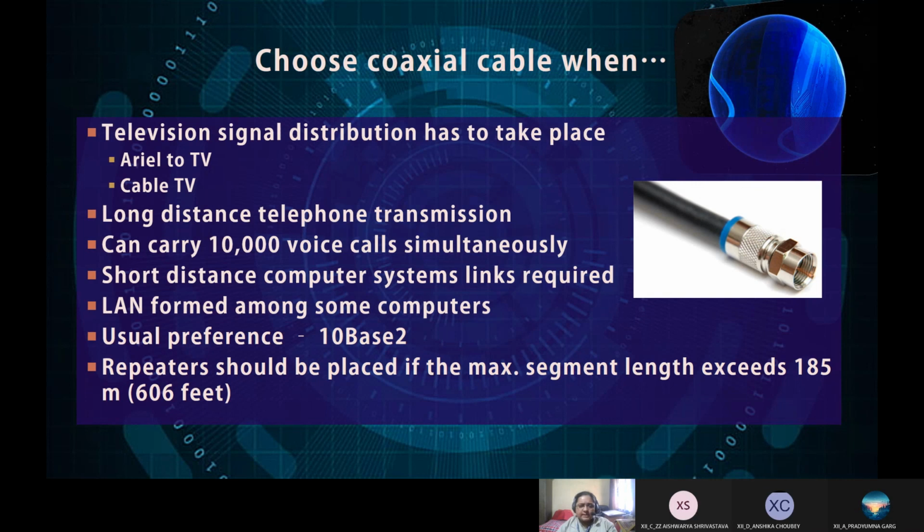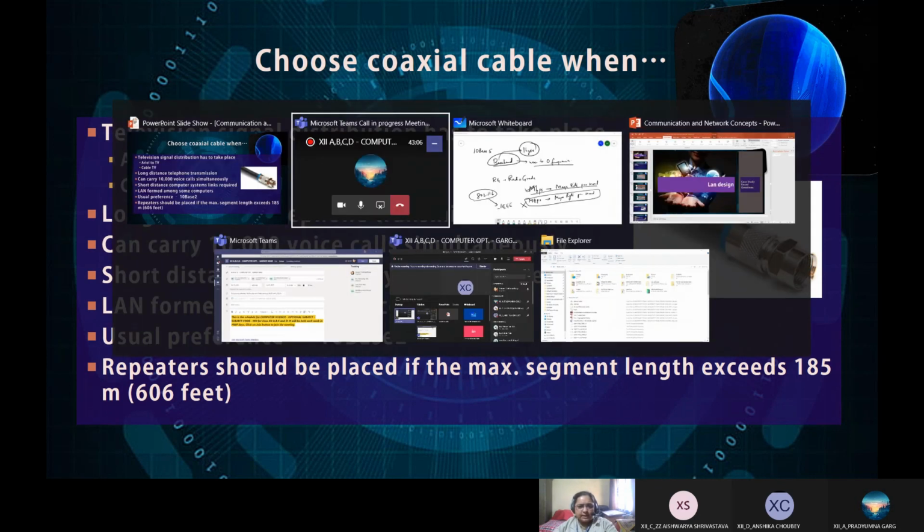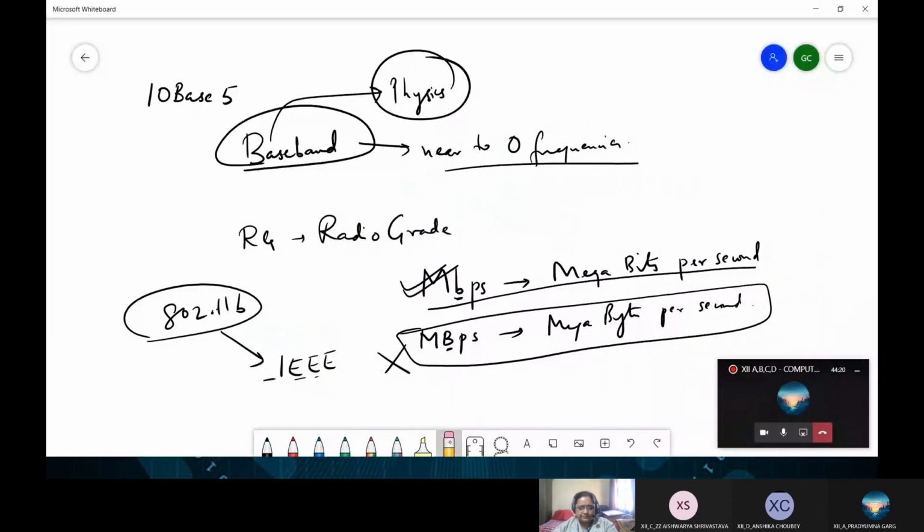Now using coaxial cable for LAN would be too expensive, but if you have two nearby buildings, you can connect them with coaxial cables. And suppose you are trying to connect them using twisted pair cable, but the segment length is shorter than the actual distance between the two buildings. Let me just show that to you.